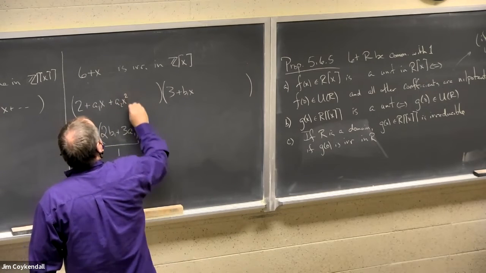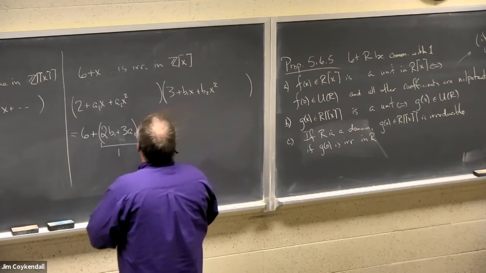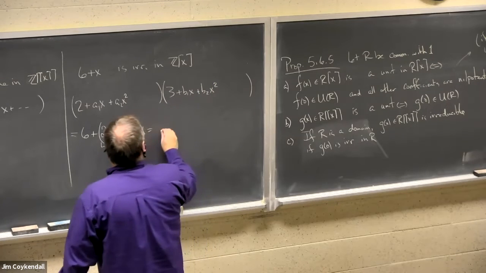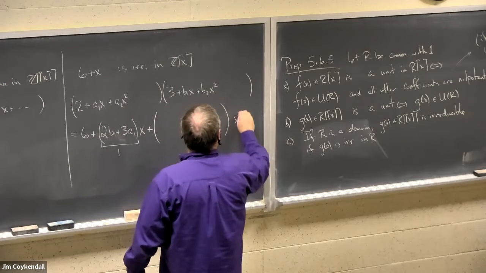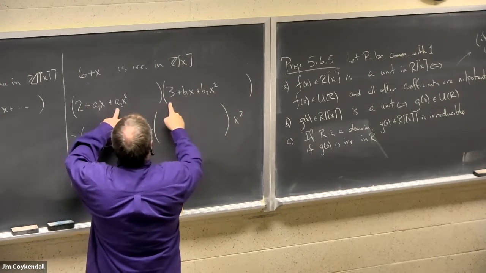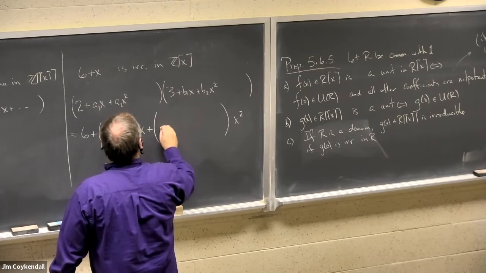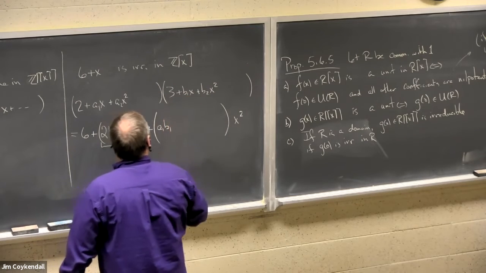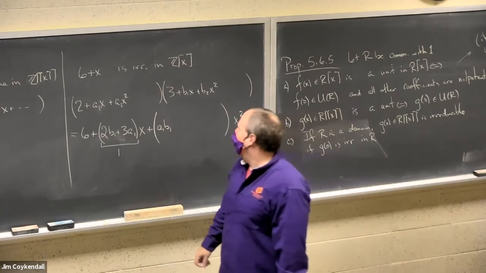A2 x squared plus B2 x squared. And now the next term I get is bigger. Well, let's see what I get. I get A1 B1. That's just some number that I've got because I've already chosen A1 and B1.